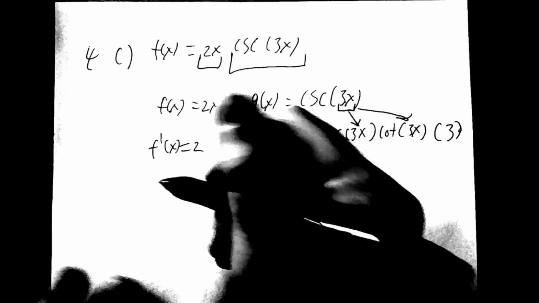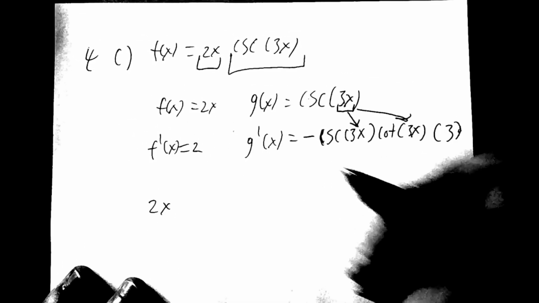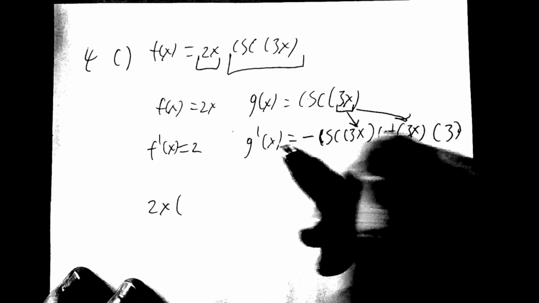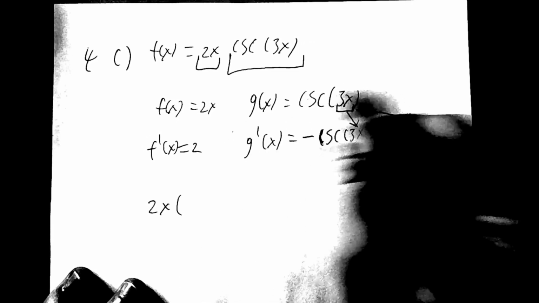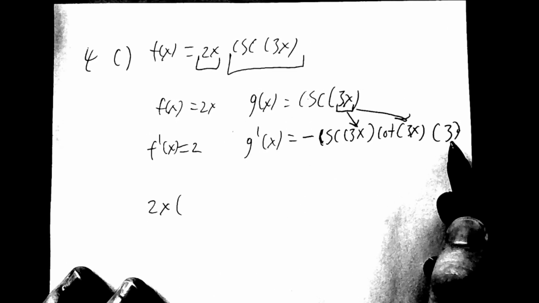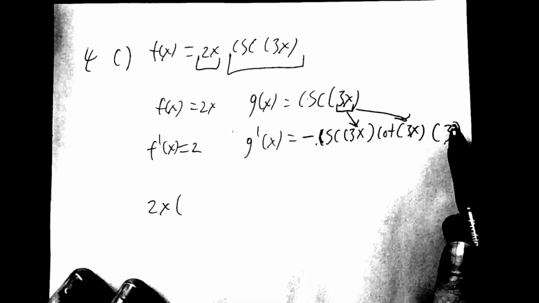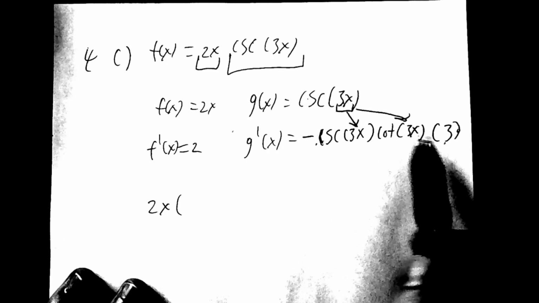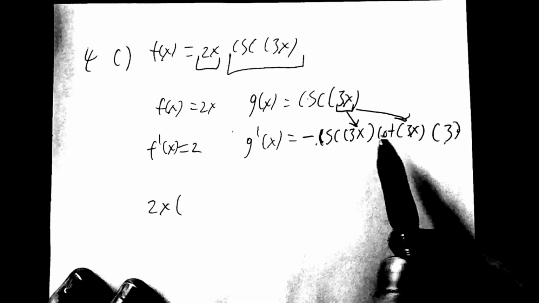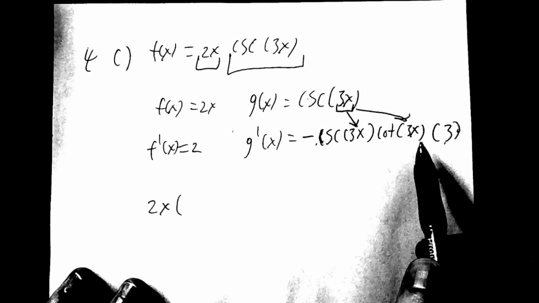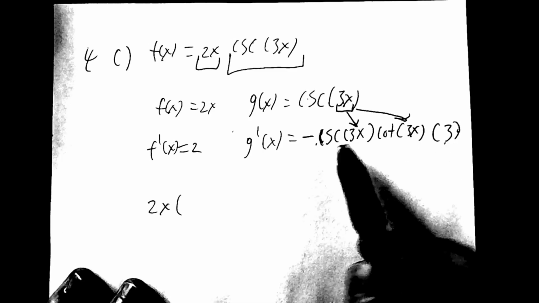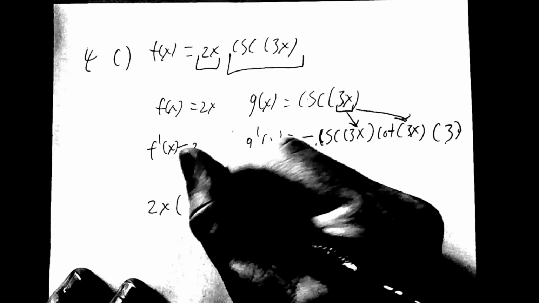So it's going to be 2x times this whole thing here. Just so you see what I'm doing, I'm moving this 3 out front. This 3 does not combine with these functions, like the cotangent 3x, cosecant 3x, this 3 cannot mess with those. I just want to make that clear. So I'm going to move it out front.